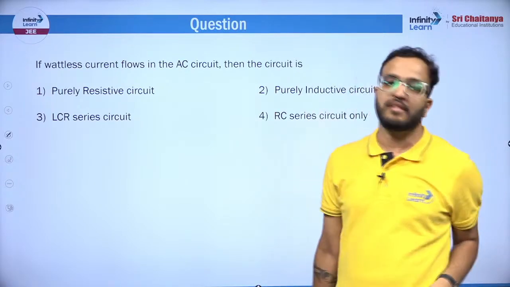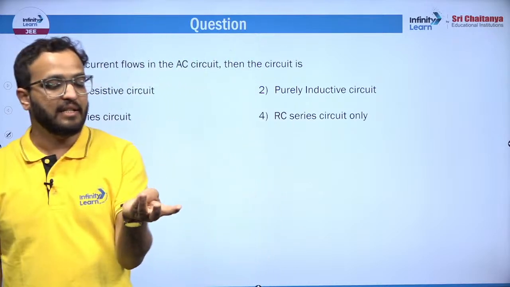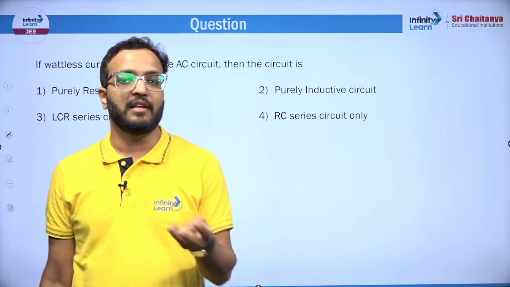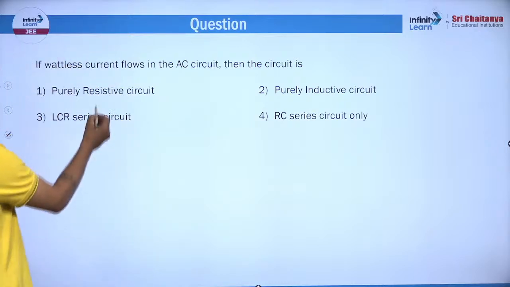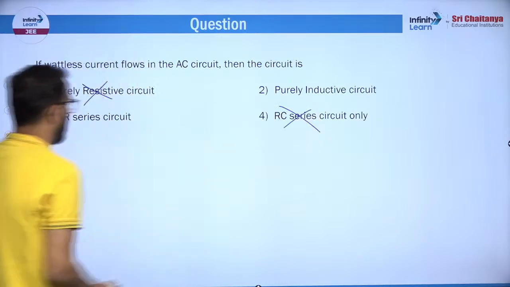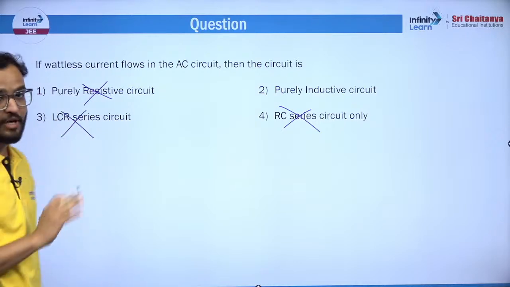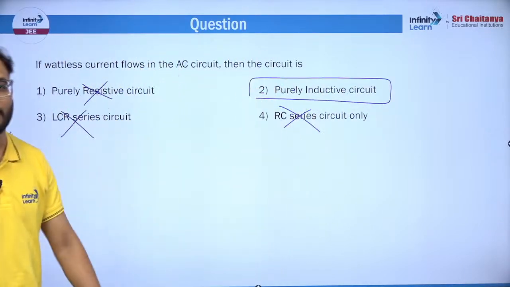That means there is no resistance in the overall circuit. And if there is no resistance, that means the circuit is either purely inductive, purely capacitive, or an LC combination, right? So purely resistive, wrong. RC, wrong. LCR, wrong. There shouldn't be any resistance. So which one is correct? Purely inductive. Second option is absolutely done.